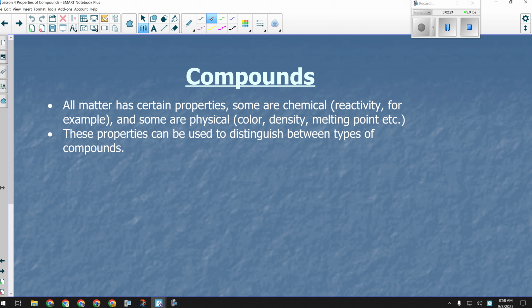So that would be things like color, density, melting point, state, lots of different things. Solubility: how well does it dissolve in water? Something we call aqueous conductivity: does a solution of them in water conduct electricity or not? Things like that are all things that we'd be testing. pH: is it an acid or a base? All of those things are physical properties, and we'll be running tests to find those for each of these unknown compounds.